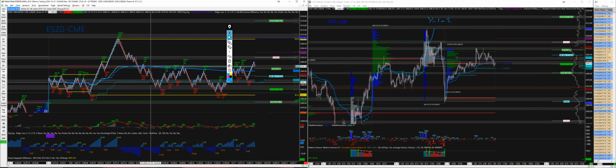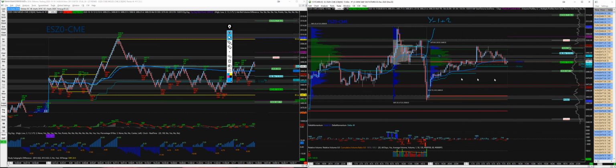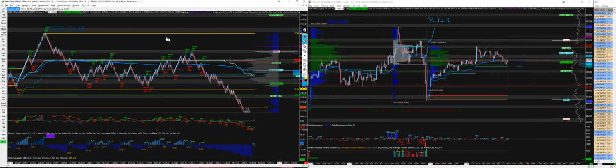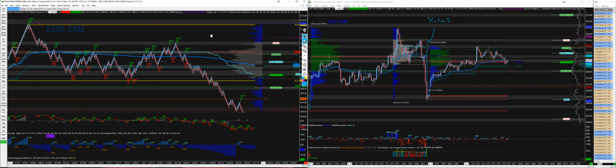We had this burst up, which was followed by a sell-off, which lasted for the duration of the day and pretty much sold off at 2 in the afternoon in the last half hour.